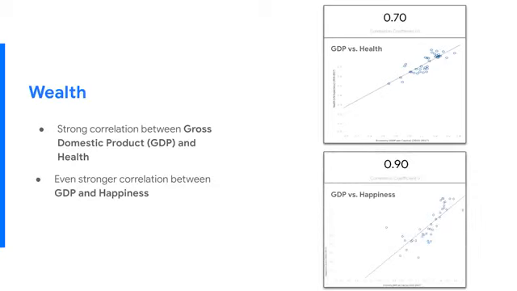So whereas we first looked at health and happiness and then GDP and health, we're now looking at GDP and happiness and found that it has the highest correlation coefficient between all three of those comparisons. So we have a conclusion within just this slide, which is we found that richer countries have a higher average happiness level.